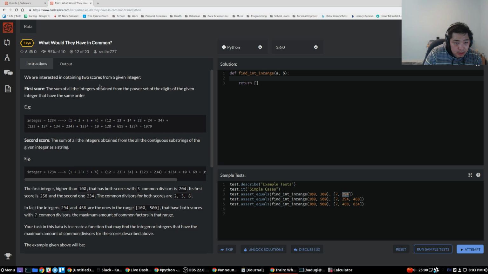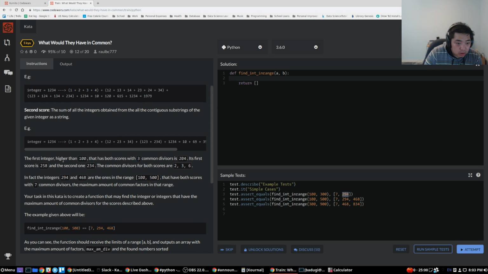We are interested in obtaining 2 scores from a given integer. So total would be 4 scores, right? And it's giving me two integers.